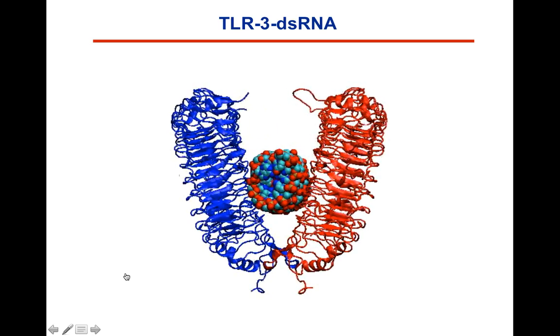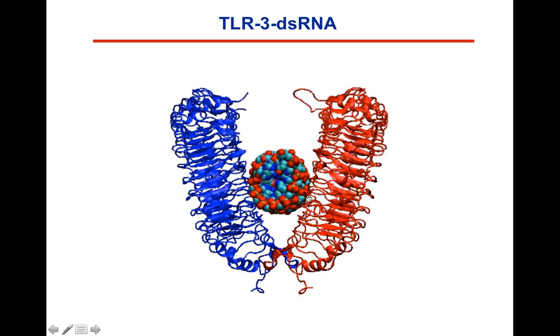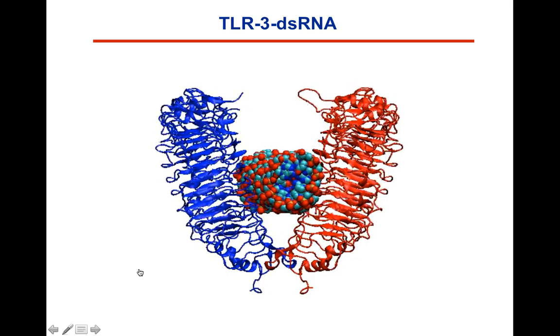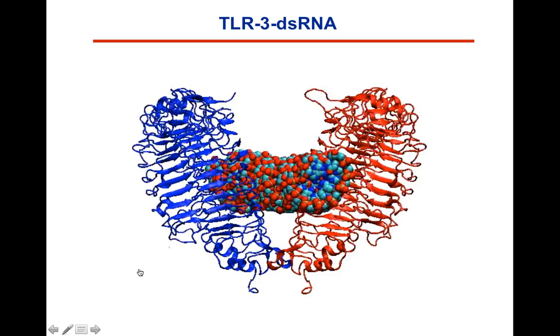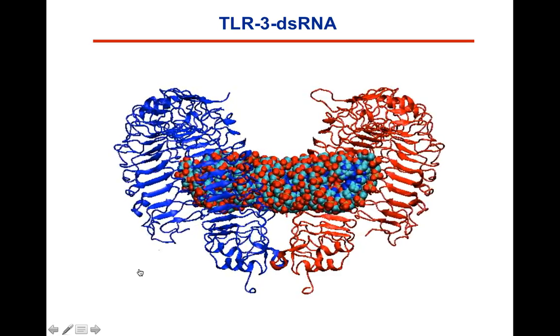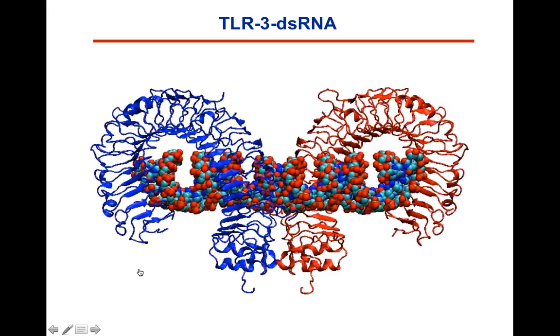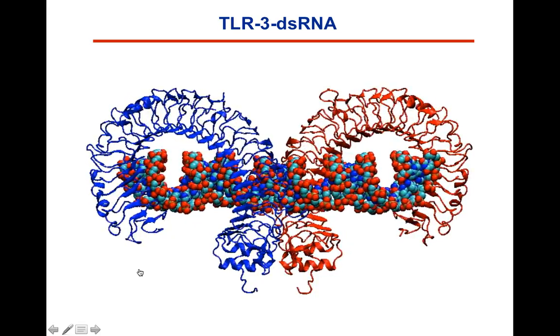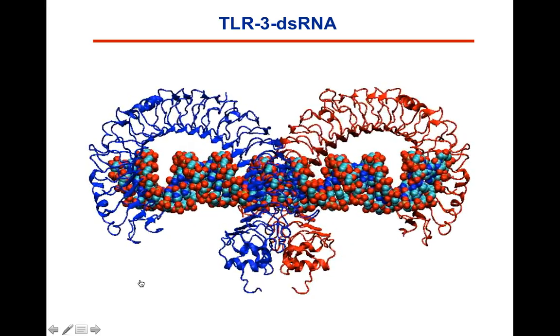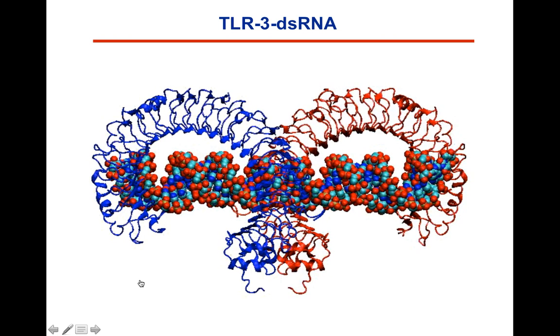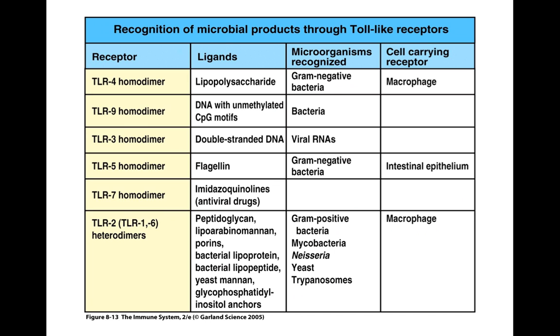One binds on one side of the nucleic acid, the other binds on the other side. It's sort of like a V-shaped sandwich to bind the length of the nucleic acid, in this case double-stranded RNA, recognized by both of those strands, almost like a bar that links the two.